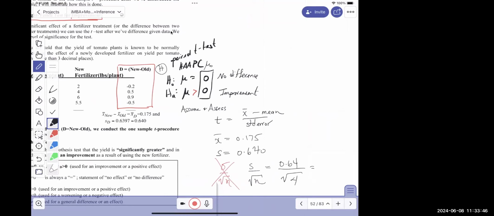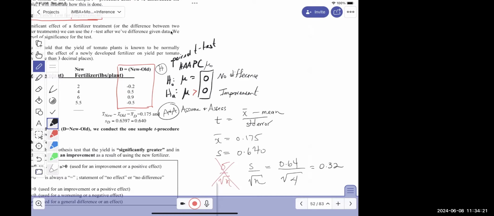And what do you get for that? Right, 0.32. All right, so everybody okay with that, those steps so far, I hope?